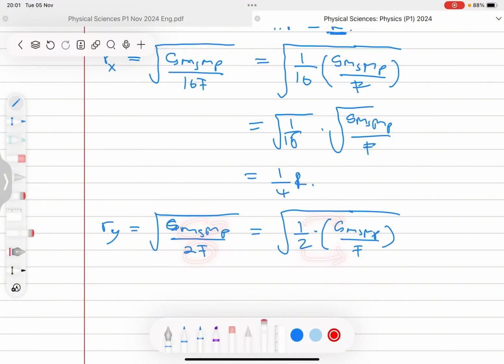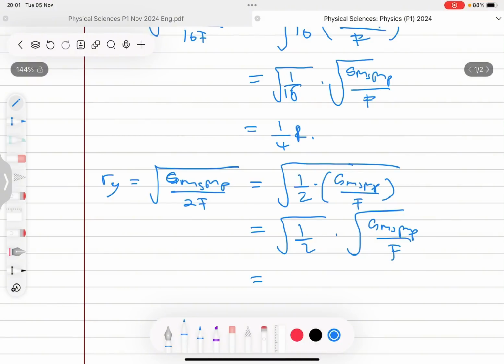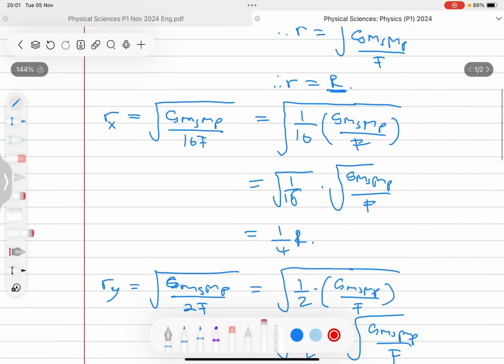Now again, using our rules from mathematics, we'll have root of 1 over 2, times root of G Ms Mp over F. And again, you can see now that this will be 1 over root 2, times an R, because this guy here is exactly the same as this guy here.